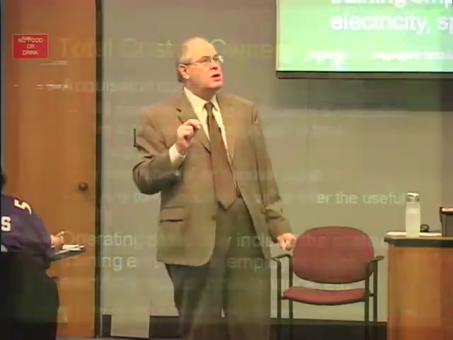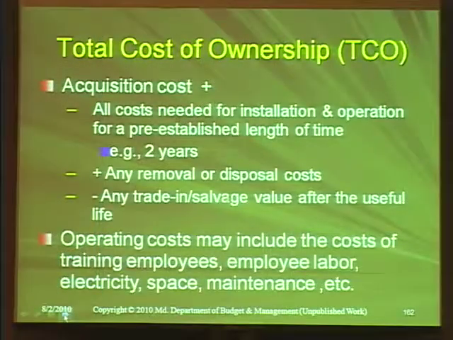Total cost of ownership. And this is a different concept. This goes into the issue of how do you make an award to a vendor? And in your solicitation, you always have to say how the award's going to be made. And whether it is by sealed bidding or by sealed proposal, you're going to have a price element to the award.